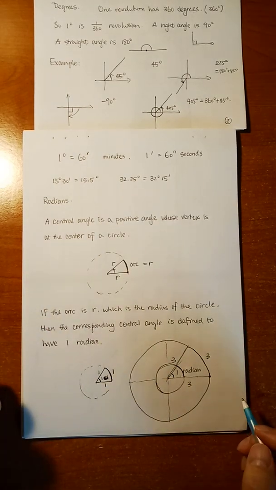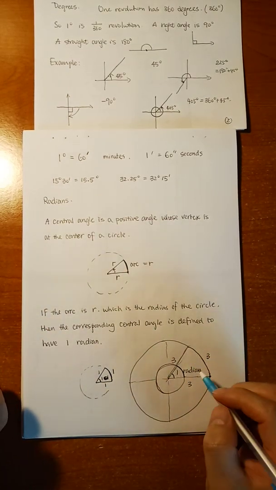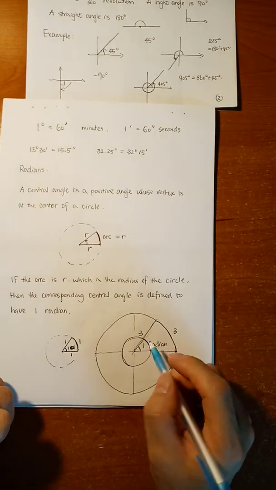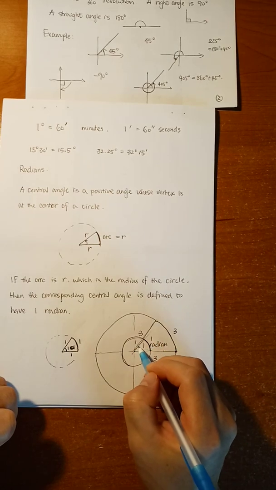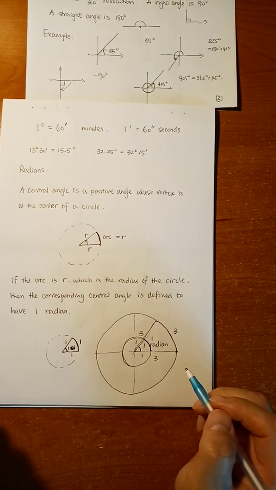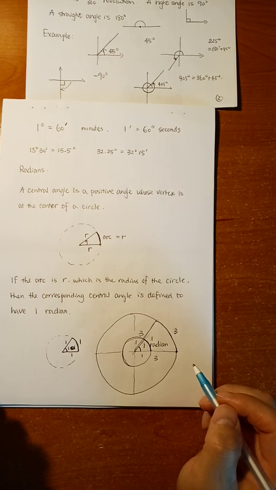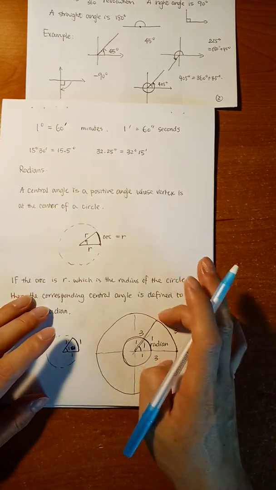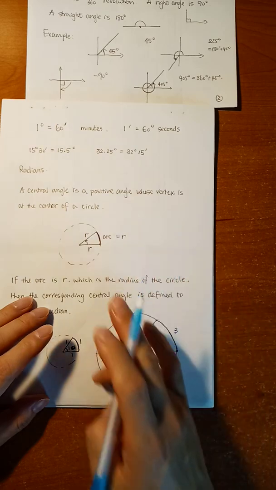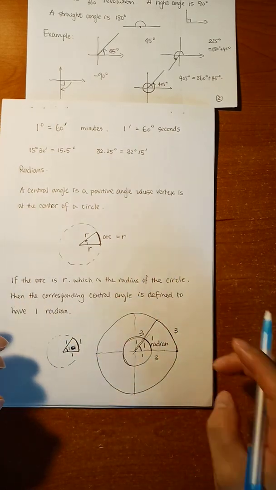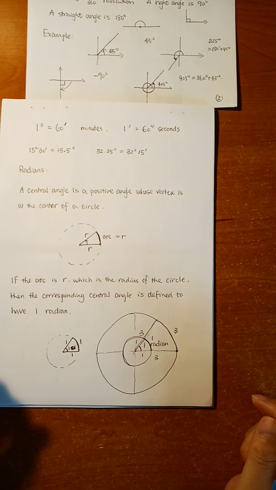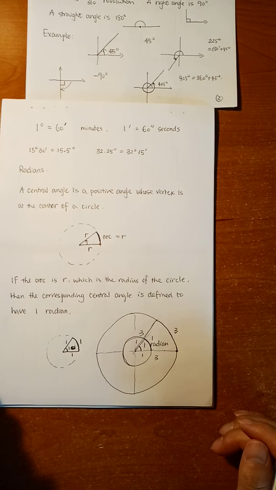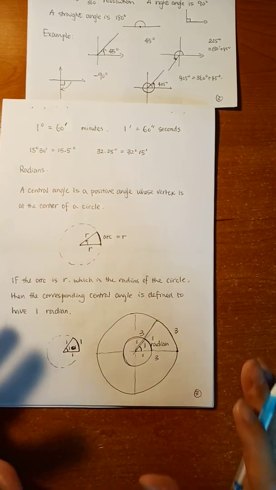They are similar shapes, and they have the same proportion. So the corresponding central angle also has radian 1. It doesn't matter what radius you choose. Just pick a radius, and along the circle you draw the arc with length r. The corresponding central angle will have radian 1.